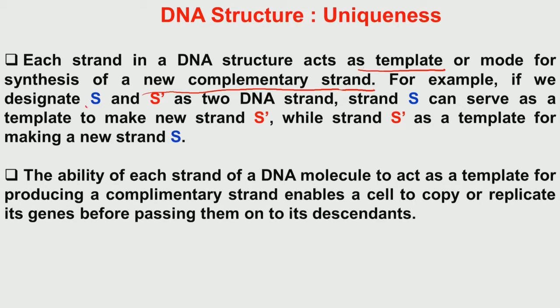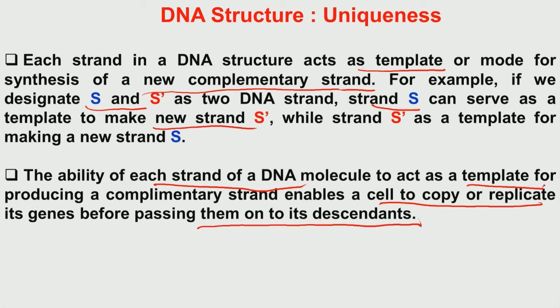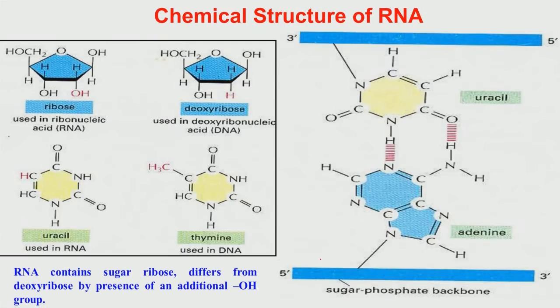So, if you designate S and S prime as two DNA strands, strand S essentially serves as the template for the new strand, that is S prime, and the ability of each strand of a DNA molecule to act as a template enables a cell to copy or replicate its genes accurately down to two daughter cells. So, you have one mother cell, it goes to two daughter cells. Essentially the DNA sequence here is to be exactly replicated in the two daughter cells.